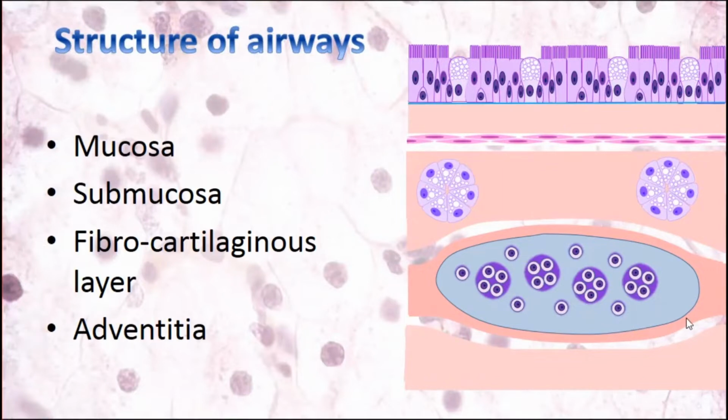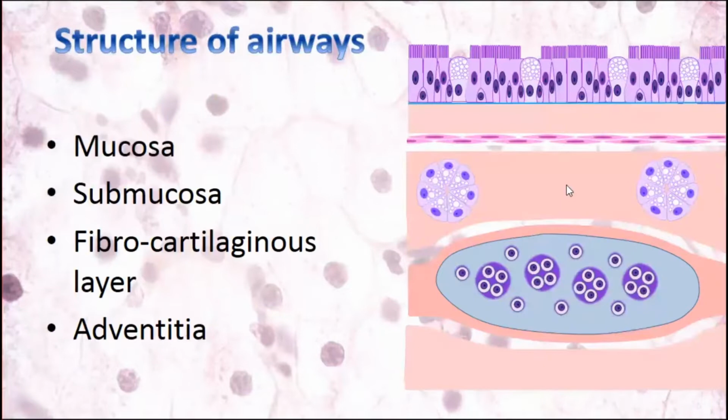But here we have the fibrocartilaginous layer, which is composed of cartilage and dense connective tissue, and it's a specific feature of the respiratory system. This layer maintains the shape of airways. They aren't collapsed, and their shape is maintained by the cartilage located in this layer.